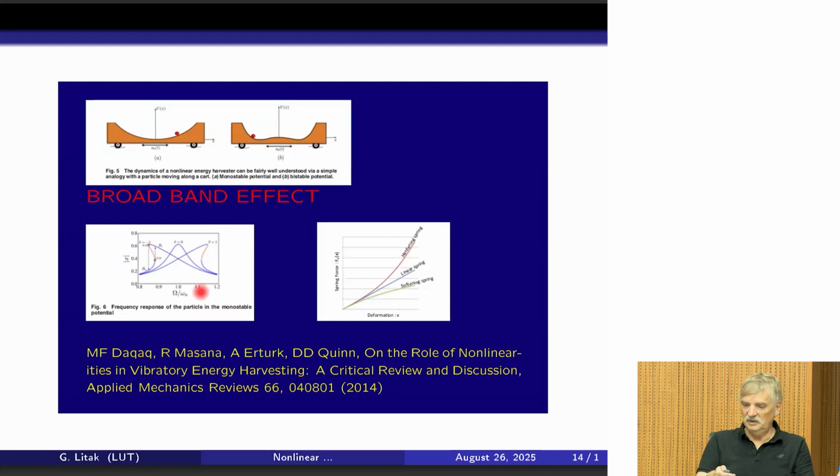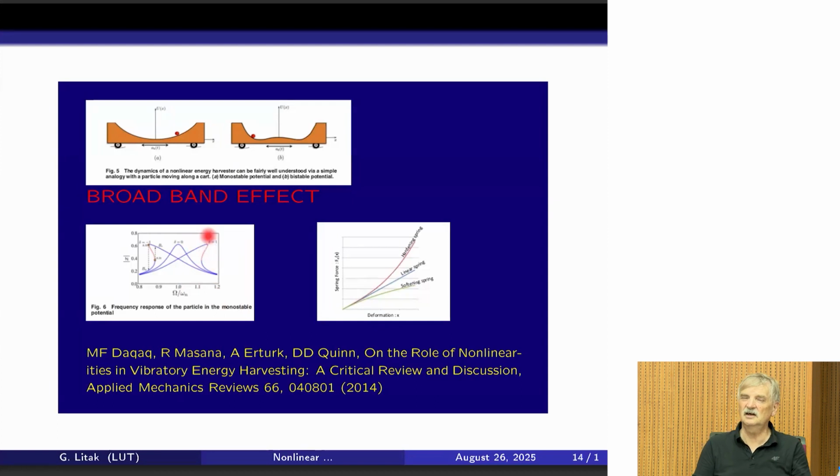And also you can imagine that if your frequency is changing slowly, you can follow this path, the upper curve, and if the frequency is sweeping down, then it could take another curve with the non-resonant solution.